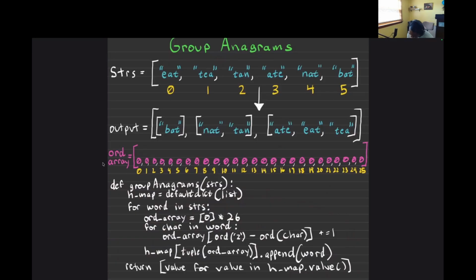So hashmap.values will return us all of the list values inside of our hash map, okay? And then we're going to put them inside of this list here, because that's the data type we want to return, a list of lists of strings, okay? So let's do a walkthrough here if this is a little confusing.